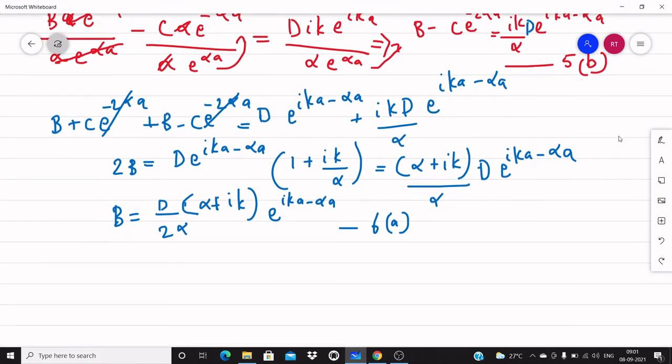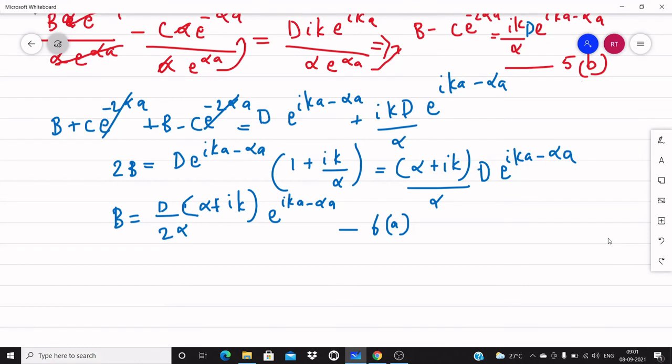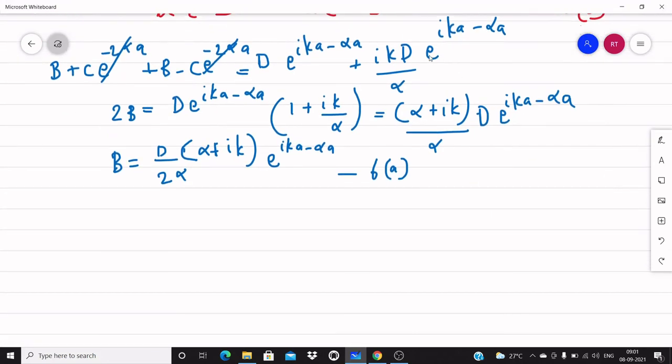Now let us subtract 5a and 5b. Here we have added, and now we are going to subtract it.